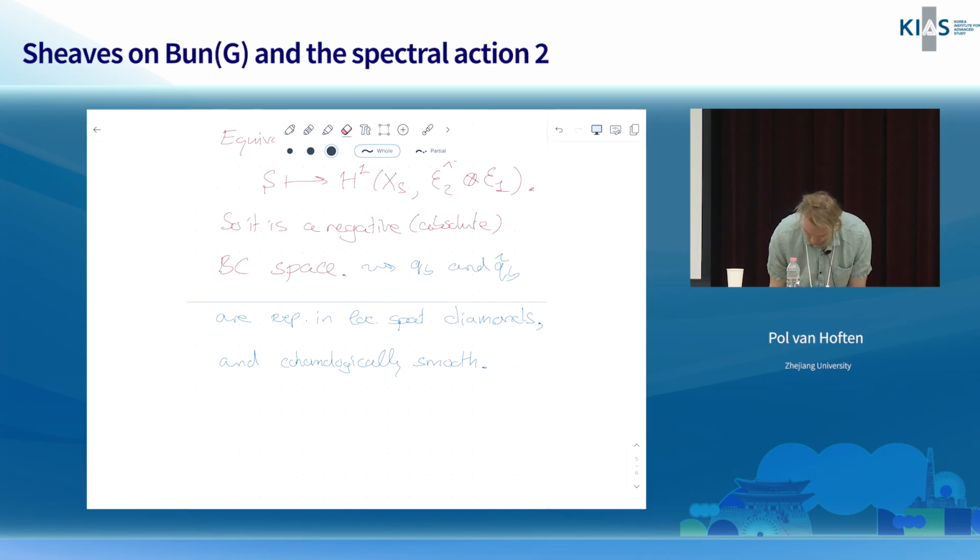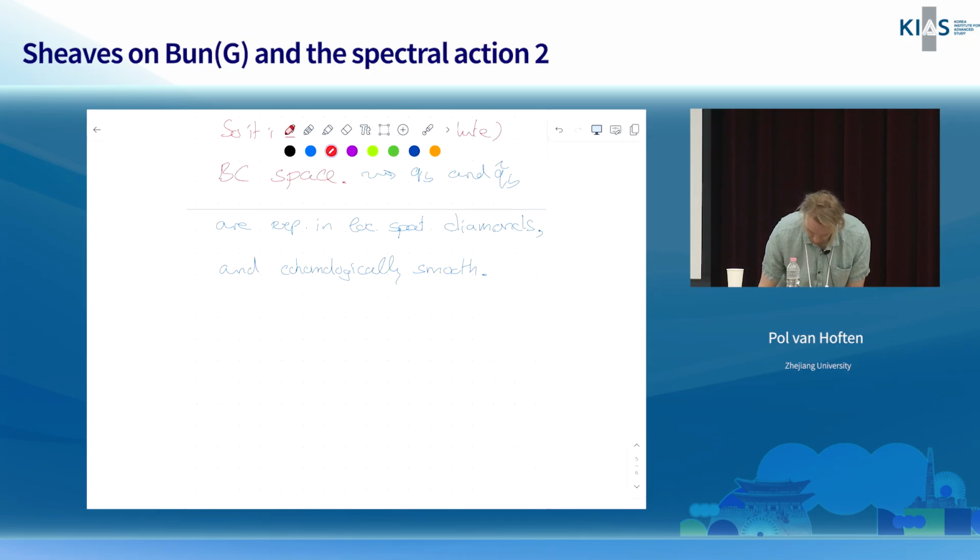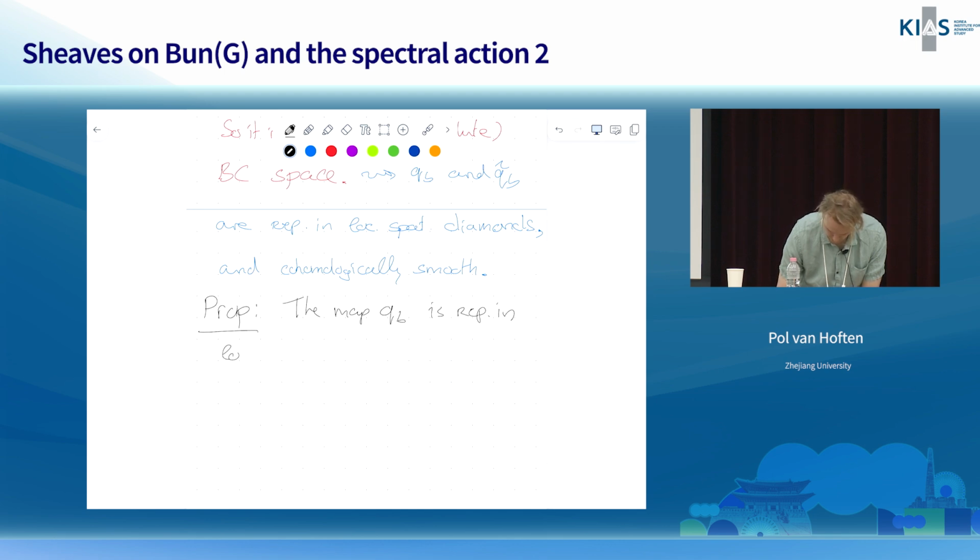So let me go back to my safe example. Okay, so as a consequence, let me just state a proposition that generalizes this example. So the map Q_B in general is representable in locally spatial diamonds and cohomologically smooth.